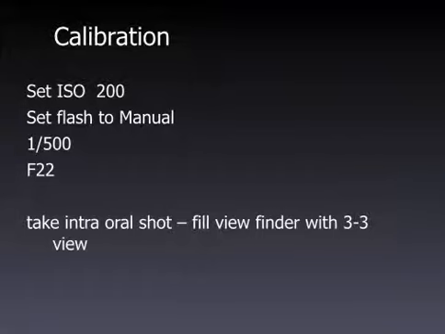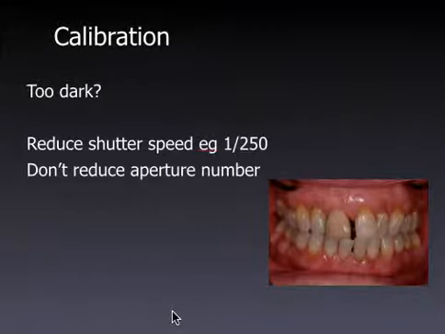So once you've got your equipment and you've got your camera, you need to calibrate it. So set it to manual, put it on ISO 200, put the white balance to flash, and then set the shutter, set the aperture, and take some photos and see what happens. If they're too dark, reduce the shutter speed. For example, from 1/500th to 1/250th.